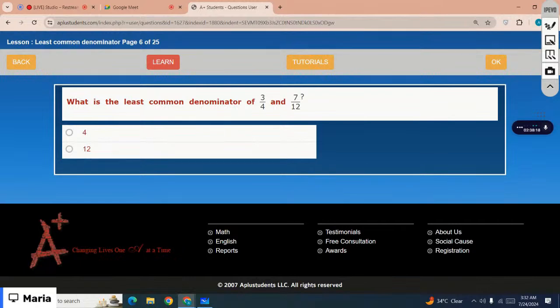What is the least common denominator of 3 by 4 and 7 over 12? The correct option is, yes, again, that is 12.